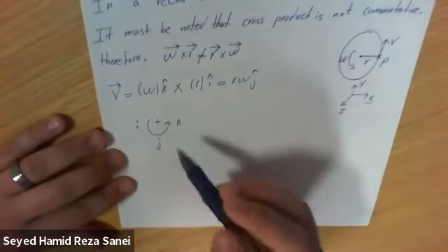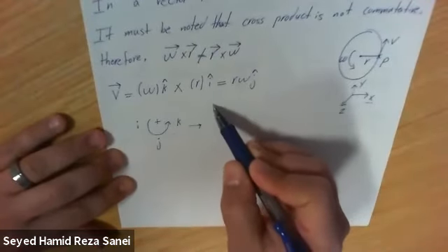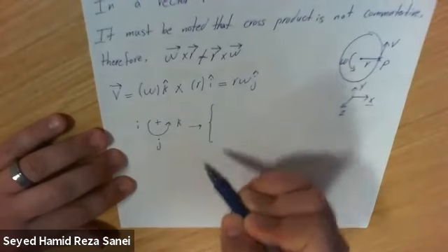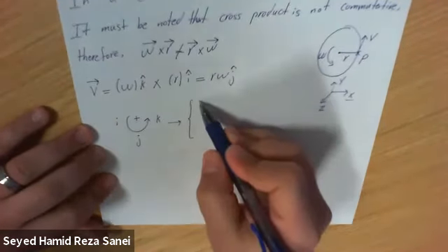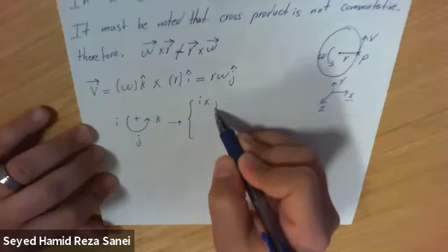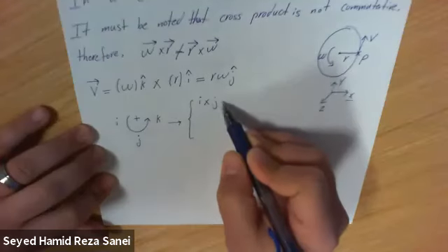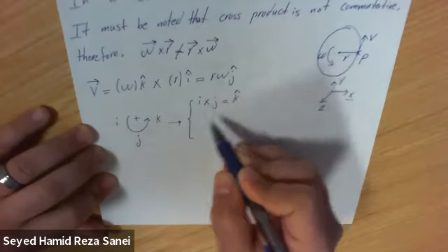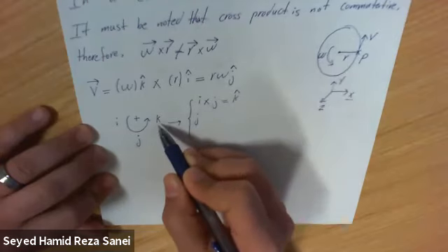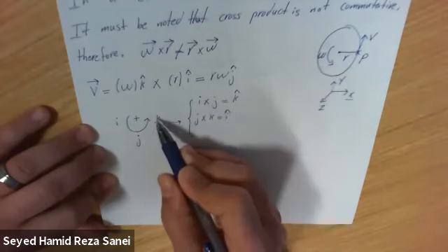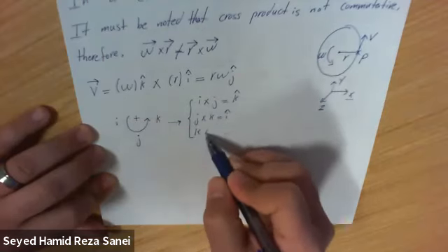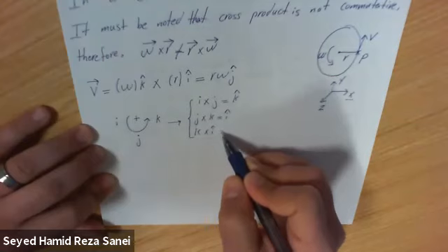To just expand this circle, some of you might not have seen this before. So i cross j would be positive k. j cross k would be i, and k cross i would be j.